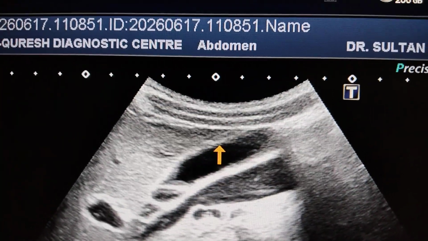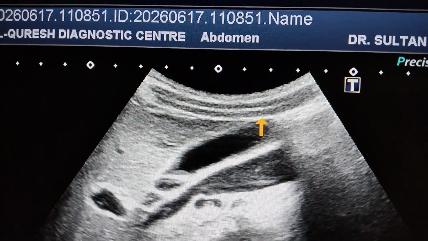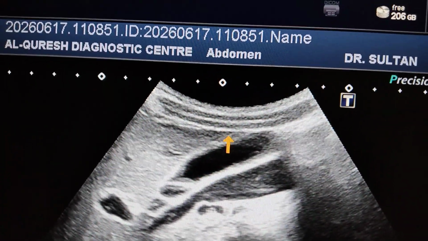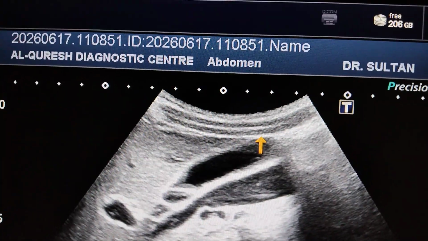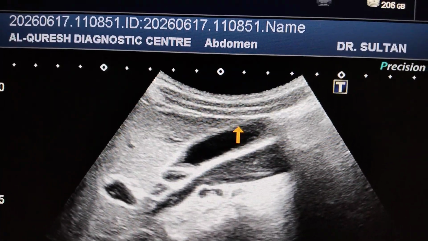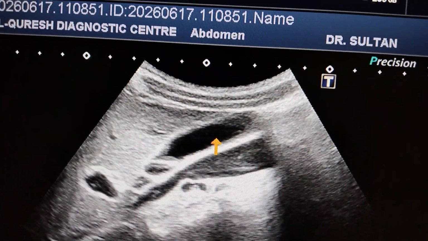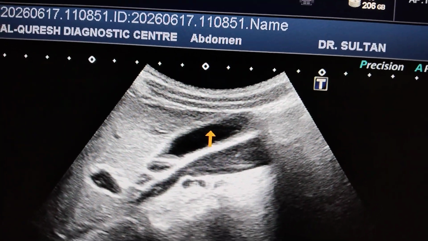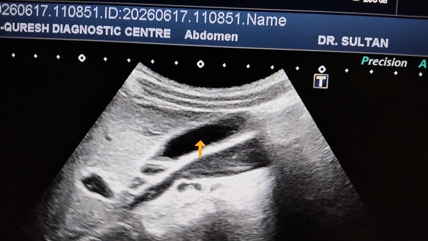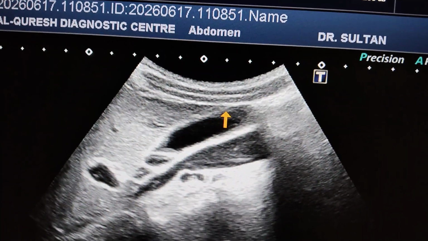So wall thickness normally should be less than 3 millimeters at all areas. It should be diffusely thin walled. It may be thick walled, diffusely or focal, but it should not exceed 3 millimeters. So it should be black and aqueous, filled with fluid. No internal echoes should be here, and the wall should be smooth.